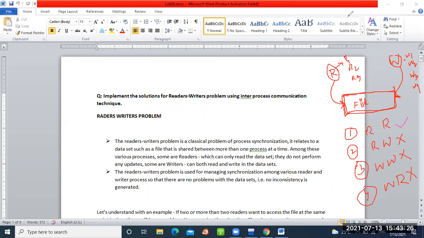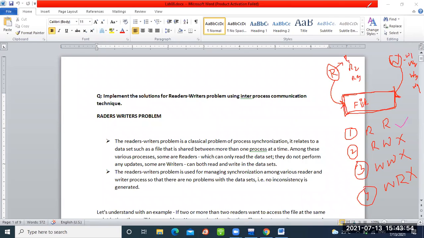Sir, half the voice is coming and half is breaking. Is it audible? It is audible now. So it is audible, but the pitch is very low. Yeah, now it is audible.